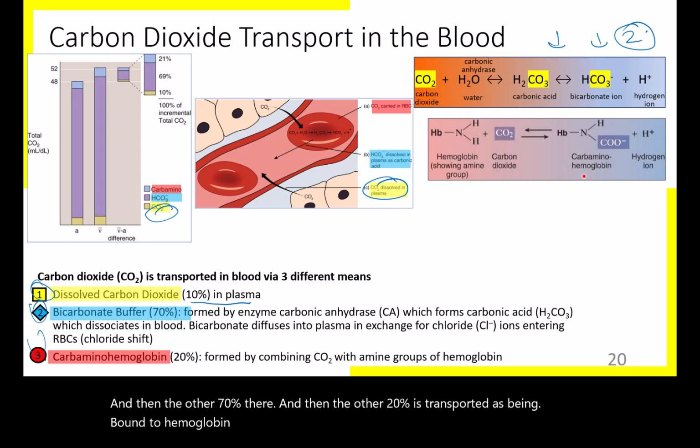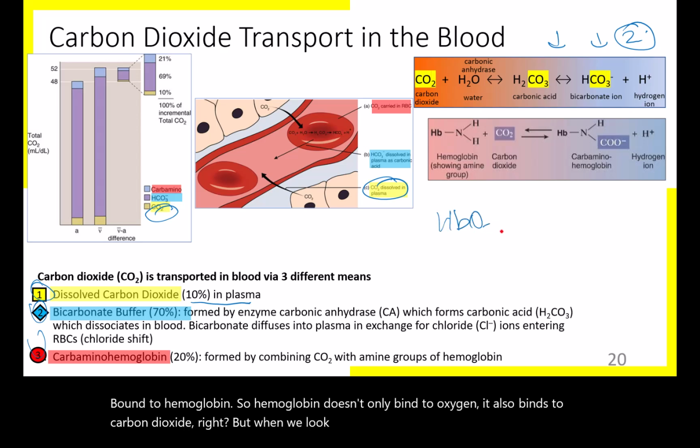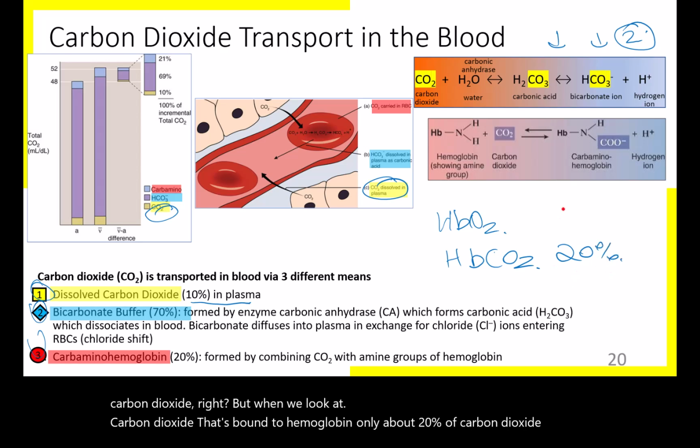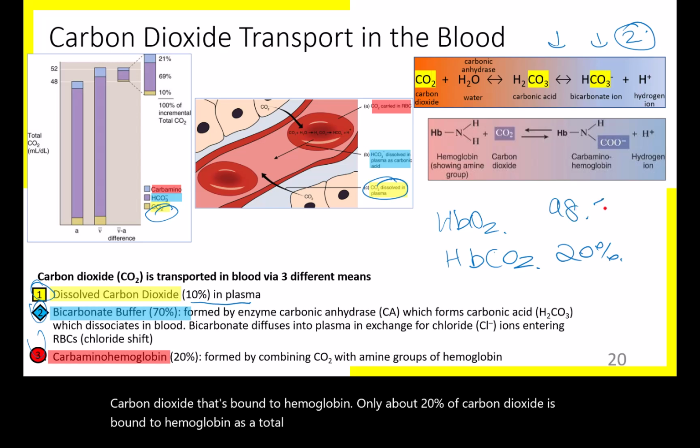So hemoglobin doesn't only bind to oxygen, it also binds to carbon dioxide. But when we look at carbon dioxide bound to hemoglobin, only about 20% of carbon dioxide is bound to hemoglobin in total, whereas 98.5% of oxygen in the blood is bound to hemoglobin.